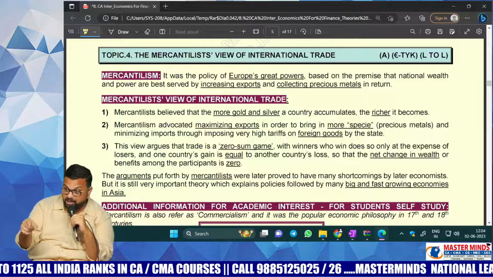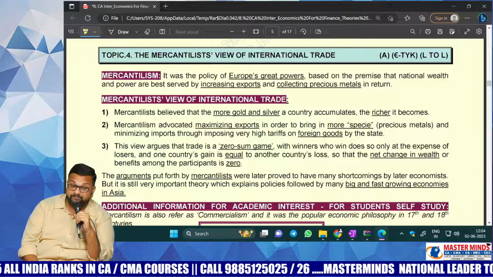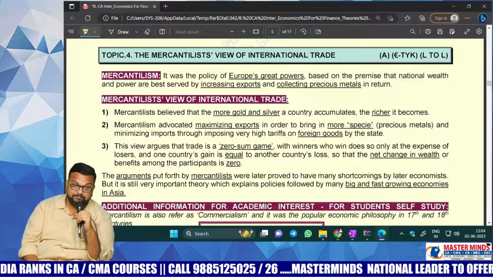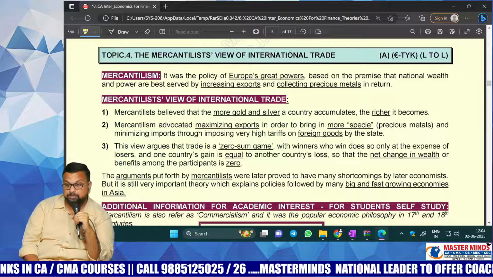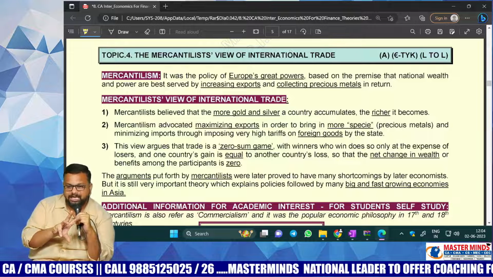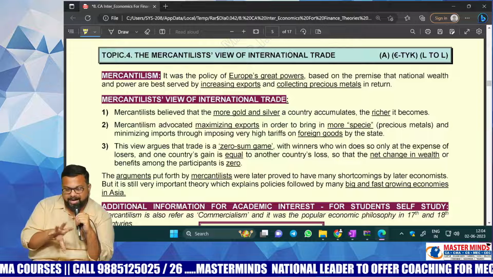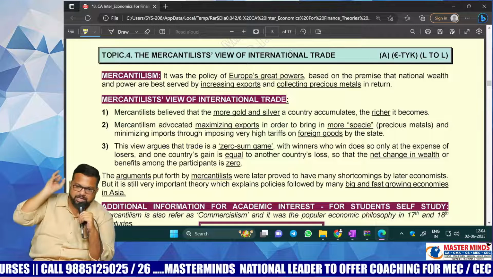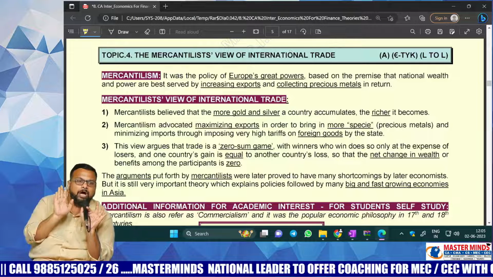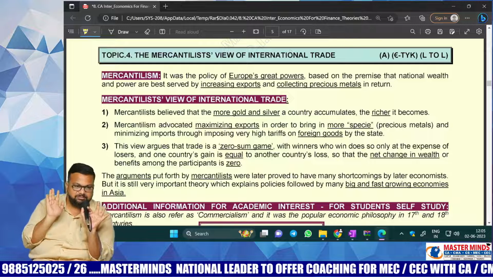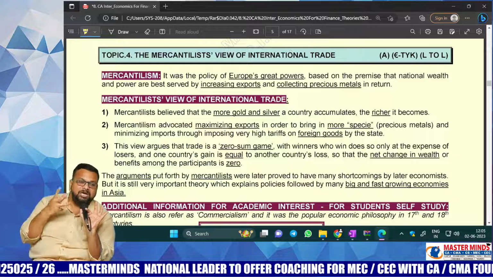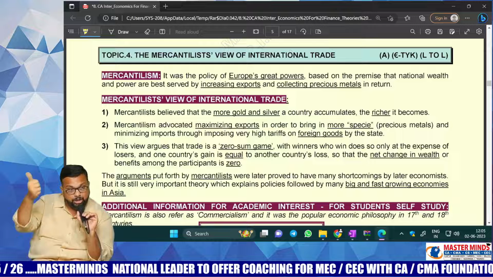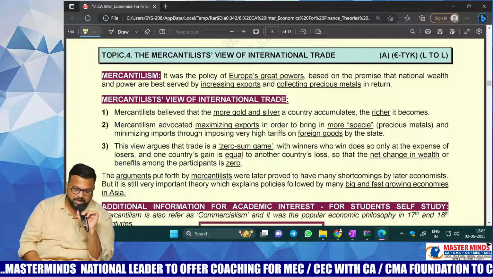That's not the kind of development we want. Now the understanding has completely changed. In those days, development meant how rich the country is. Today, development includes both economic as well as non-economic factors. Okay, next.